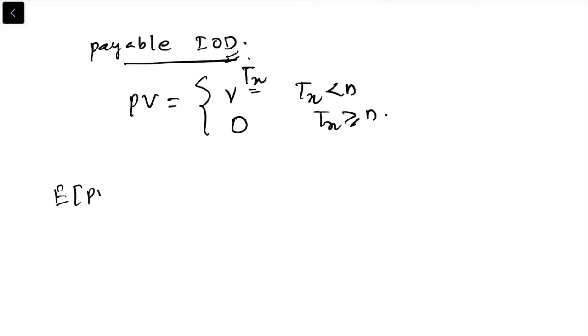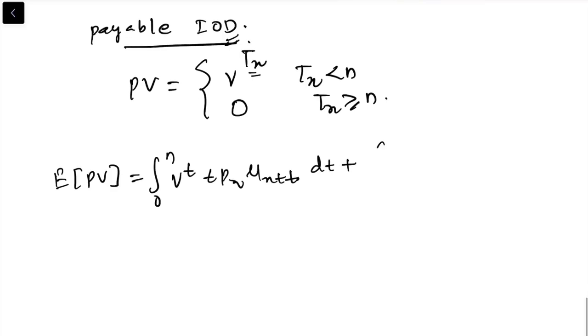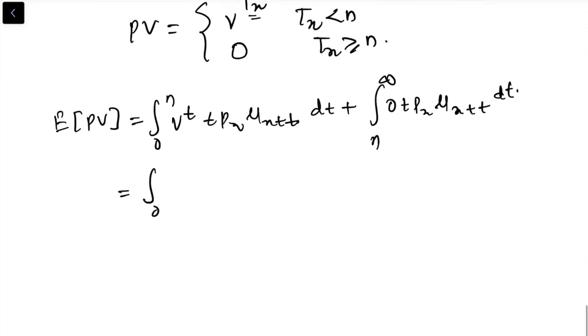Now the expectation of the present value is the integral from 0 to n of v^t tpx mu(x+t) dt plus, sorry, this is n to infinity, 0 times tpx mu(x+t) dt, right? Now for 0 to n, we can add and subtract extra terms: the integral of v^t tpx mu(x+t) dt plus n to infinity.